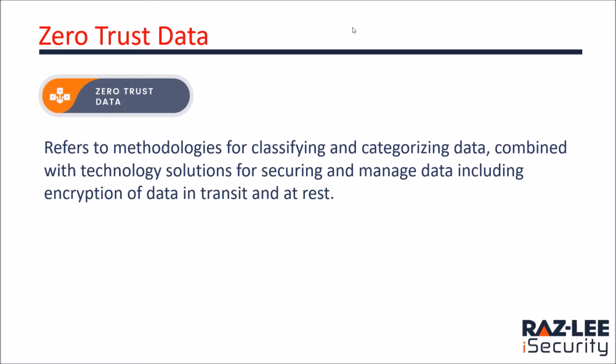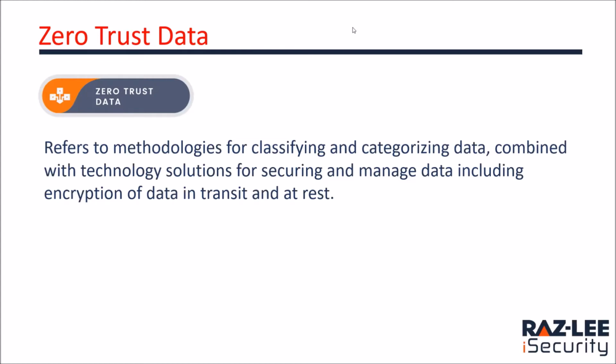About the data, we need to know exactly what data we have in our server. And this includes securing and managing data, and includes the encryption of data in transit and at rest.